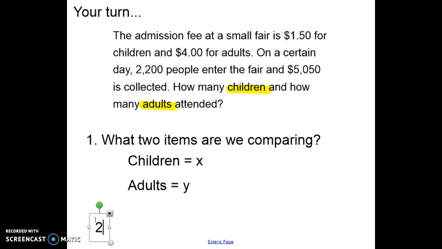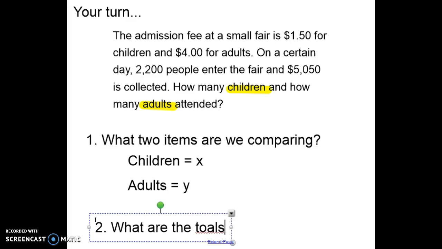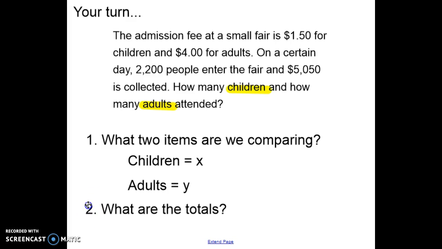Our second question that I often tell kids to help them walk through these problems is, what are the totals in this problem? So now we're going back and looking for more information on what we want our answers to be. So again, I'm going to choose my tool.